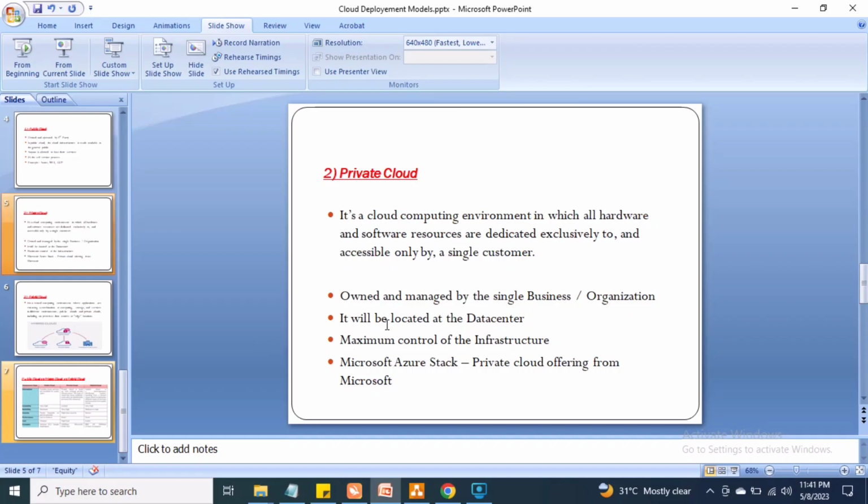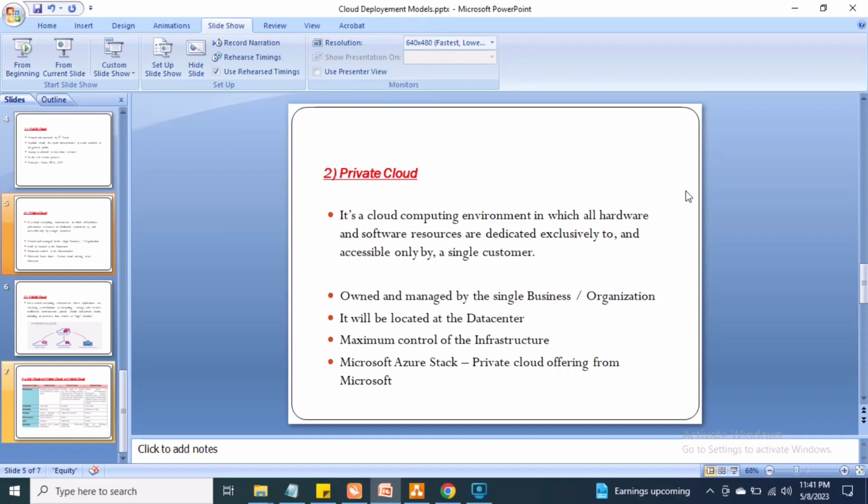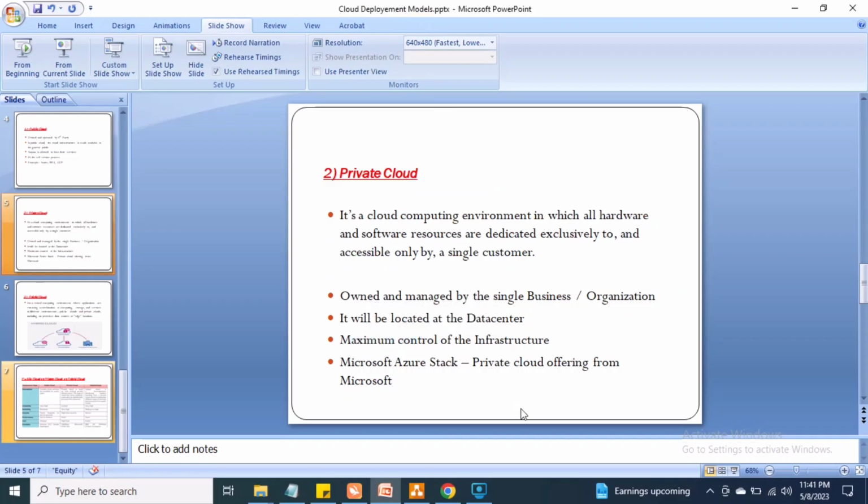It is located at the data center in the physical premises of that particular business, and as it is hosted in their premises, the maximum control of the infrastructure is provided to them.